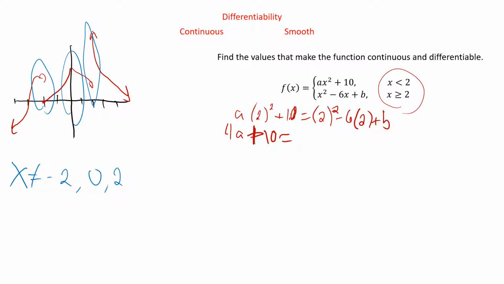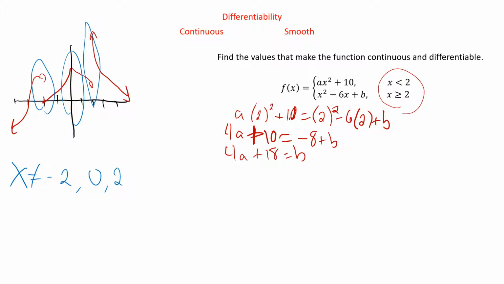So that would be 4 minus 12 is negative 8 plus b. And then I just move the 8 over so that we can combine it with a 10. So that would be 4a plus 18 equals b. All right, we have an equation with two variables. That's part of what we're doing. That's the continuous part. We also have to make it differentiable.